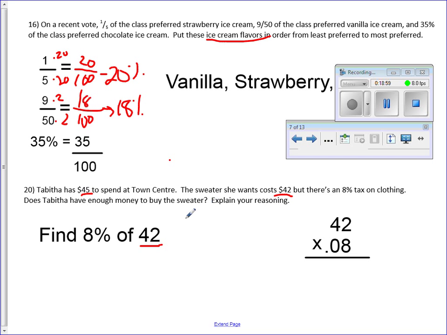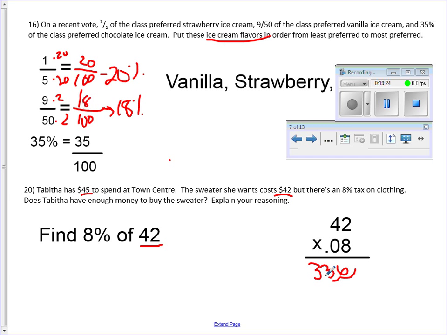If I'm estimating, 10% of 42 is 4.2. So 8% of 42 is going to be a little bit less. As we multiply 42 times 8 hundredths, you should have gotten the digits 336. But remember, my answer is going to be a little less than 4.2.